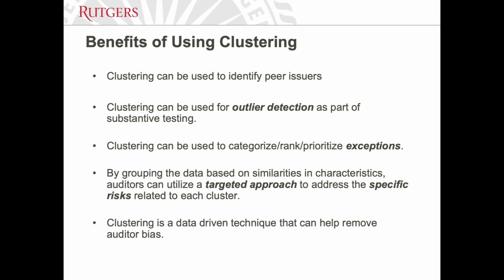This directs auditors to prioritize their work, and the targeted approach allows for more appropriate and efficient audit testing. Clustering looks at the data first, then analyzes the risks on the back end. So this technique is data-driven. It would help remove auditors' biases.